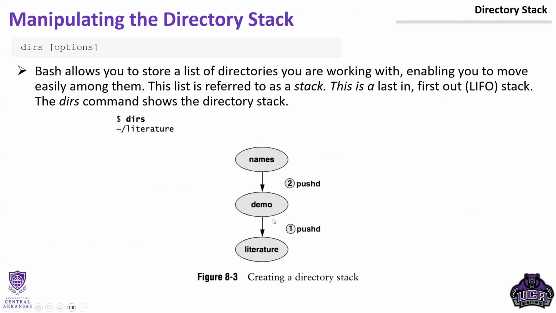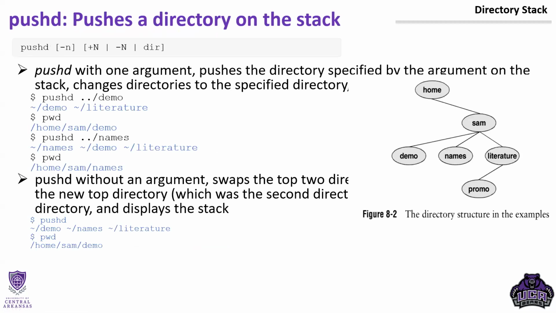The directory stack, this is kind of old stuff. What it allows you to do is if you are working way over here in your directory, and you have a file that's like 10 sub-levels deep over here, and you're having to go back and forth to them, what you can do is pop them on a stack right here, and I'll just let y'all read this. But right here, if I push demo onto the stack while I'm in literature, then I'm going to have demo on there, and I can simply use this pushd command to switch between demo and literature.